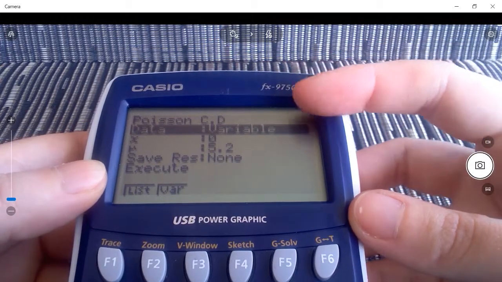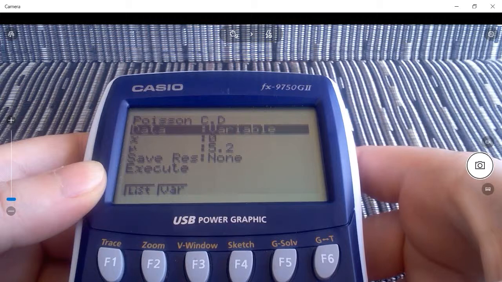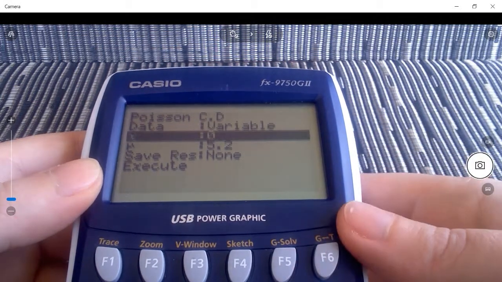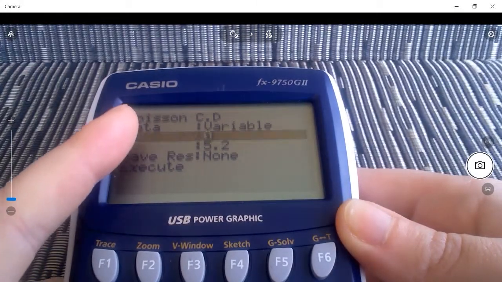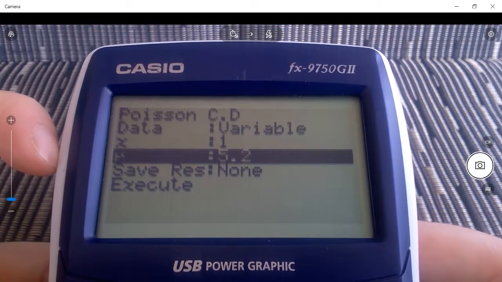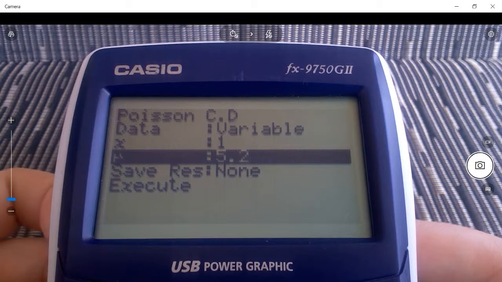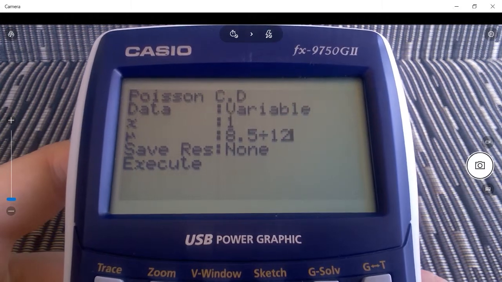Now, next to data, it should say variable. X, we have 1. Next is lambda, which in our case is 8.5 divided by 12 because we're wanting the number of tornadoes per month.